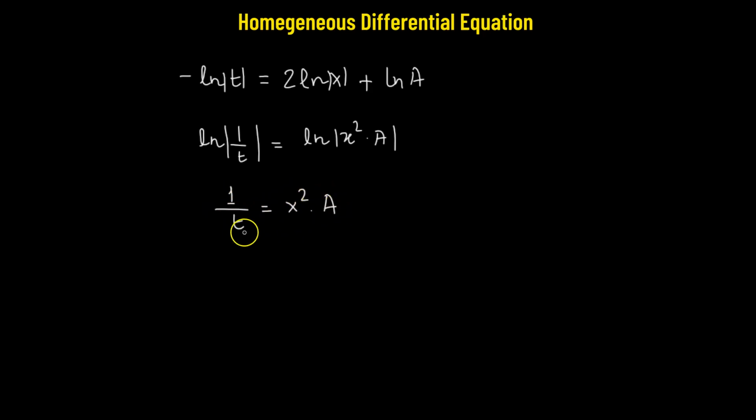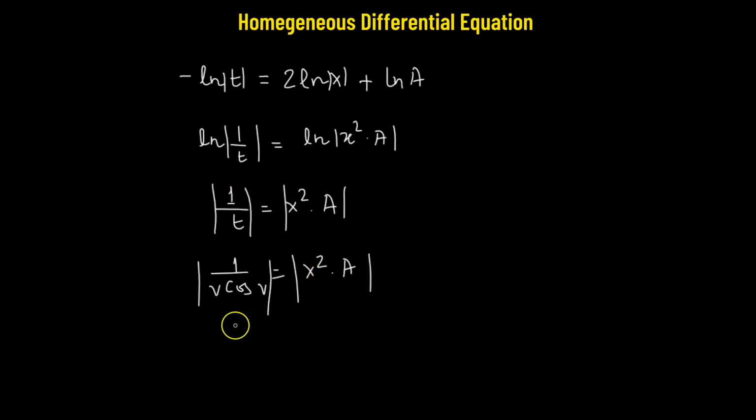So let's substitute the value of t. We assume that t is v times cosine of v, so 1 over v cosine v equals x squared times a. Also, we have to take the absolute value. And v is y over x. So we have x over y times cosine of y over x equals the absolute value of x squared times a.